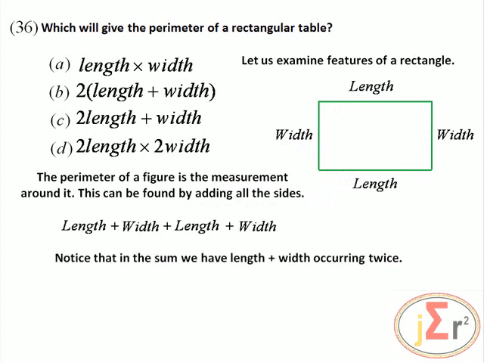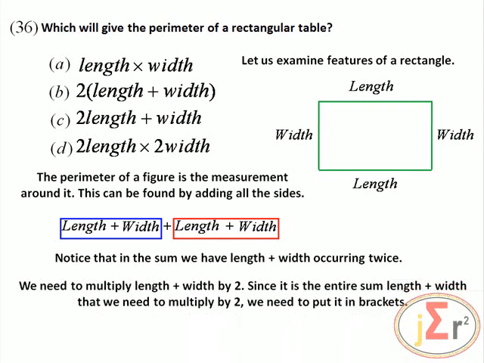Notice that in this sum, we have length plus width occurring twice. We put a blue rectangle around the first one, and a red rectangle around the other. So we have length plus width coming twice. We need to multiply length plus width by 2.